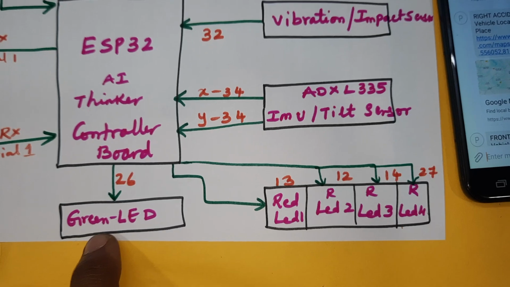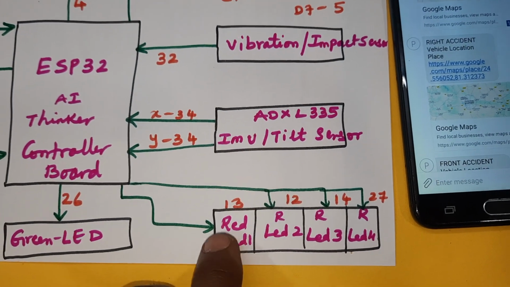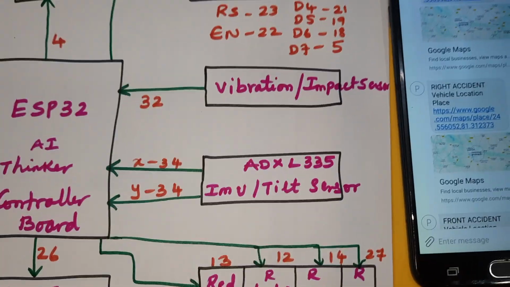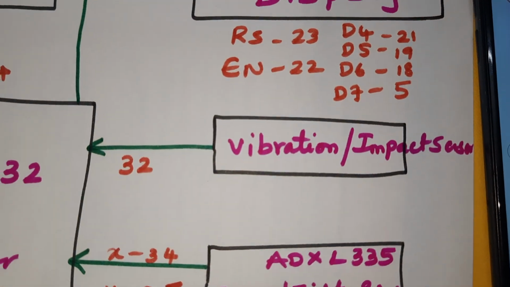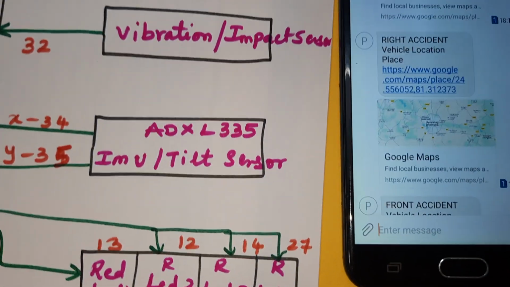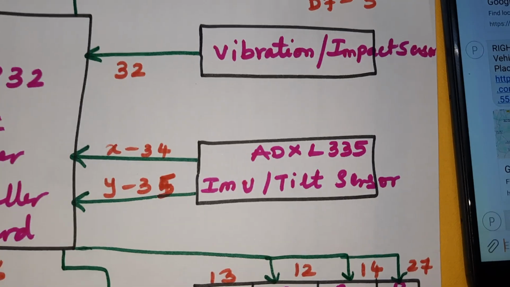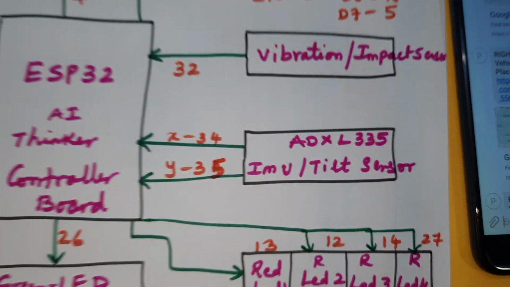A green LED is connected to 26, and four LED indicators to 13, 12, 14, 27. The vibration impact sensor is connected to ADC pin 32, and the ADXL335 accelerometer, a tilt sensor, has its X and Y coordinates connected to pins 34 and 35.